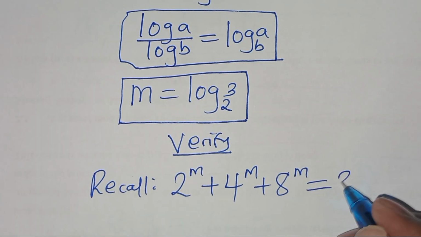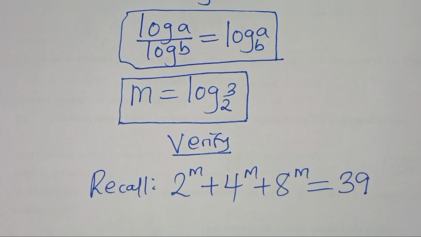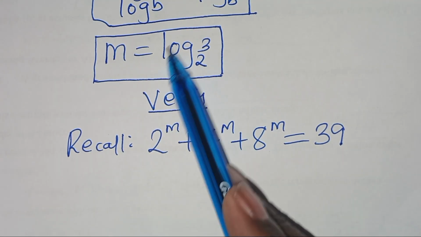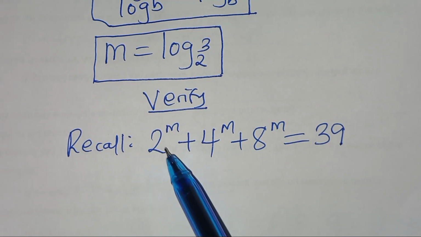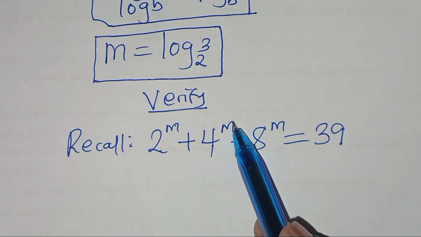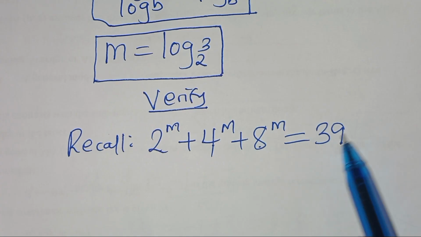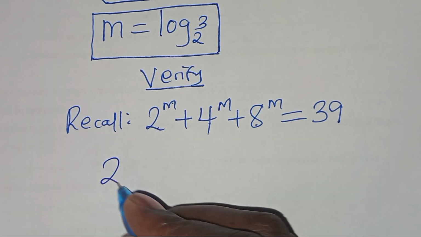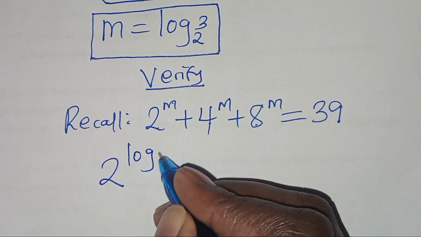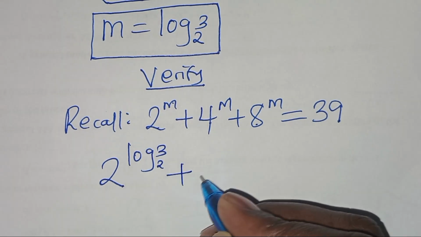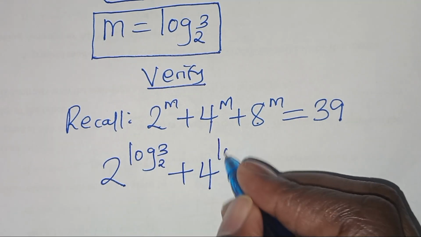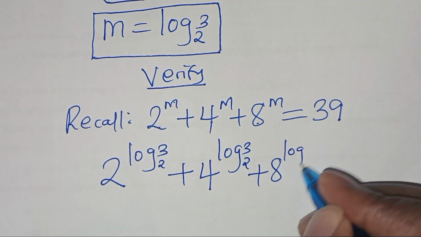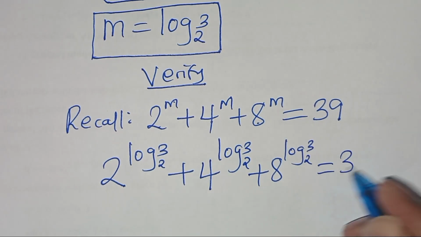This should give us a value of 39. Let's substitute the value of m, so that we'll have 2 to power log 3 to base 2, plus 4 to power log 3 to base 2, plus 8 raised to power log 3 to base 2. This should give us a value of 39.